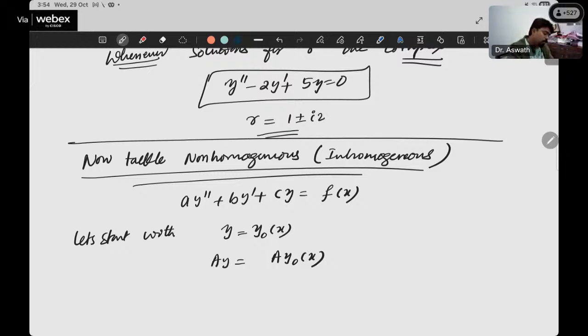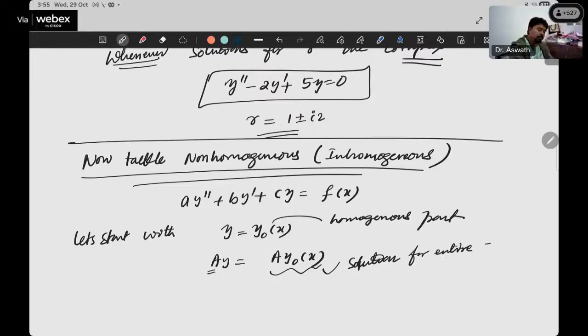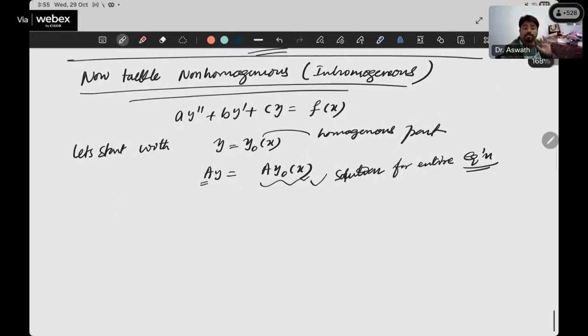Let's say y naught of x is a solution of the homogeneous part. Let's say I assume that a y naught is the solution for the entire equation.